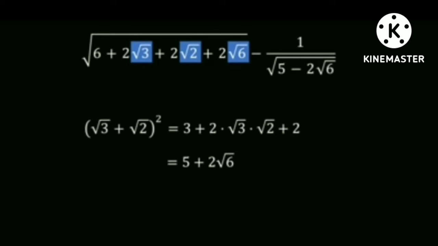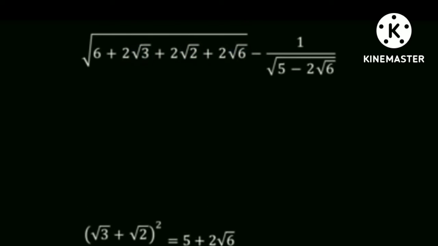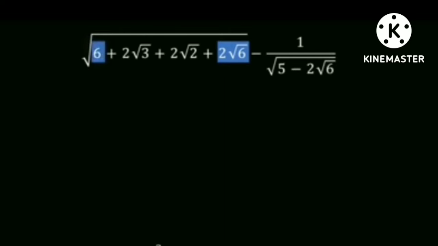This is not the same as the 4 terms under the square root, but there are some similarities. Both of these expressions have 2 root 6. The expression we want to simplify has 6, and that's 1 more than 5.